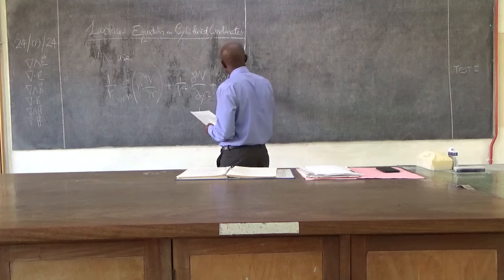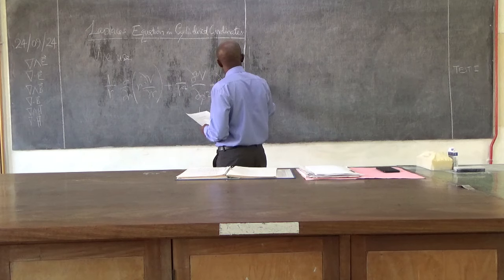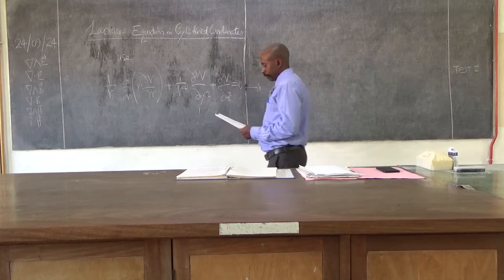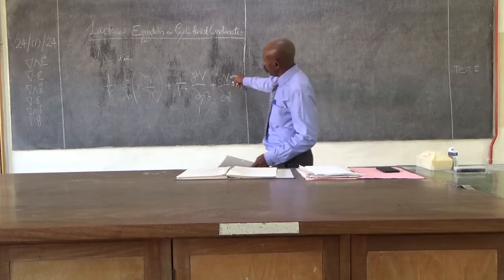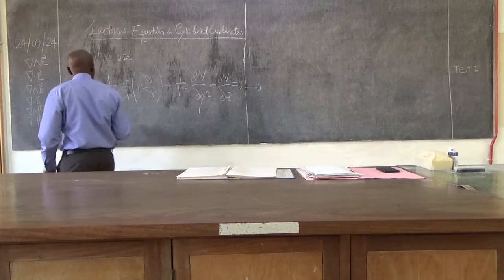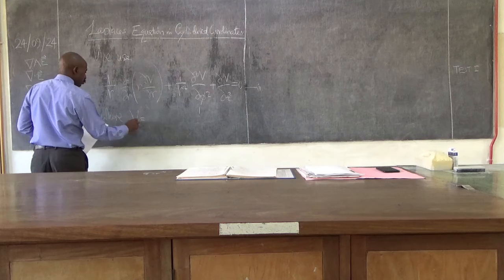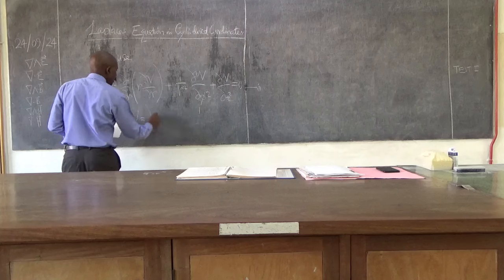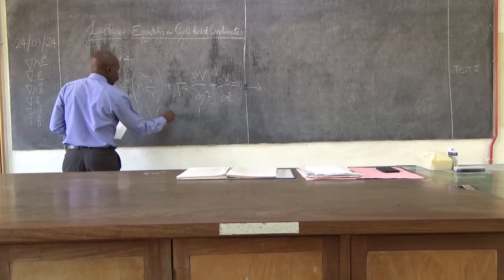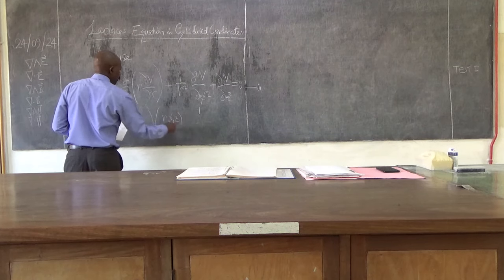We shall call this equation 1, where this potential V we are looking at is a function of the coordinates r, phi, and z.